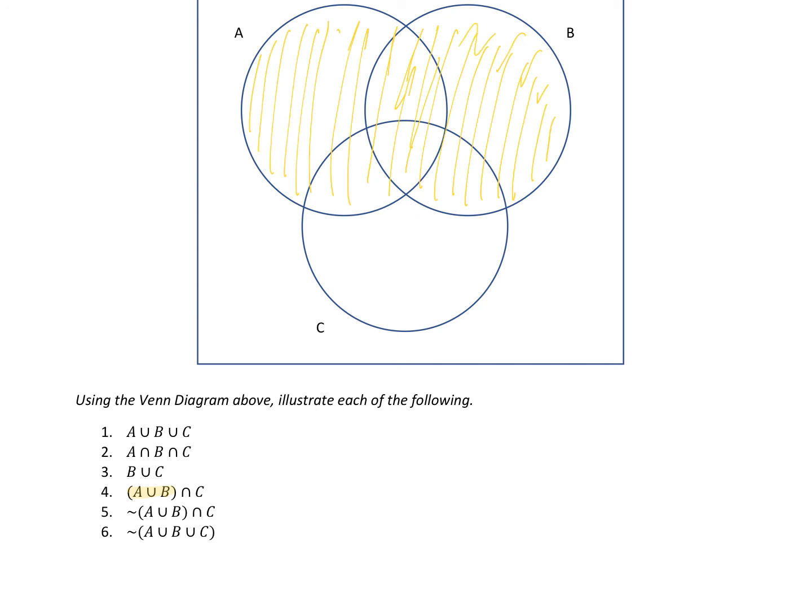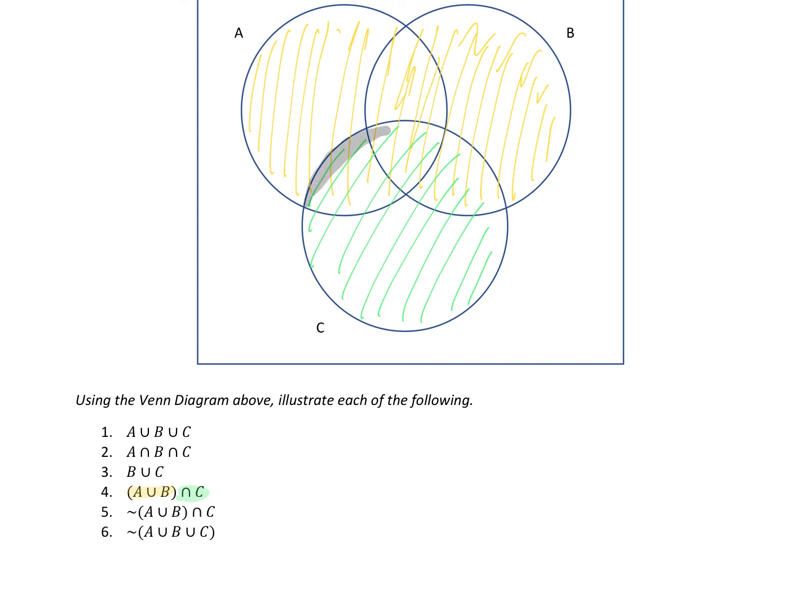Now I want to see where that intersects with C. So the yellow, what does that have in common with C? So where does that overlap with C? Well, C, I'm going to do in green. That's C. So I want to know what's in common. Well, what's in common is what's shaded in yellow and green.